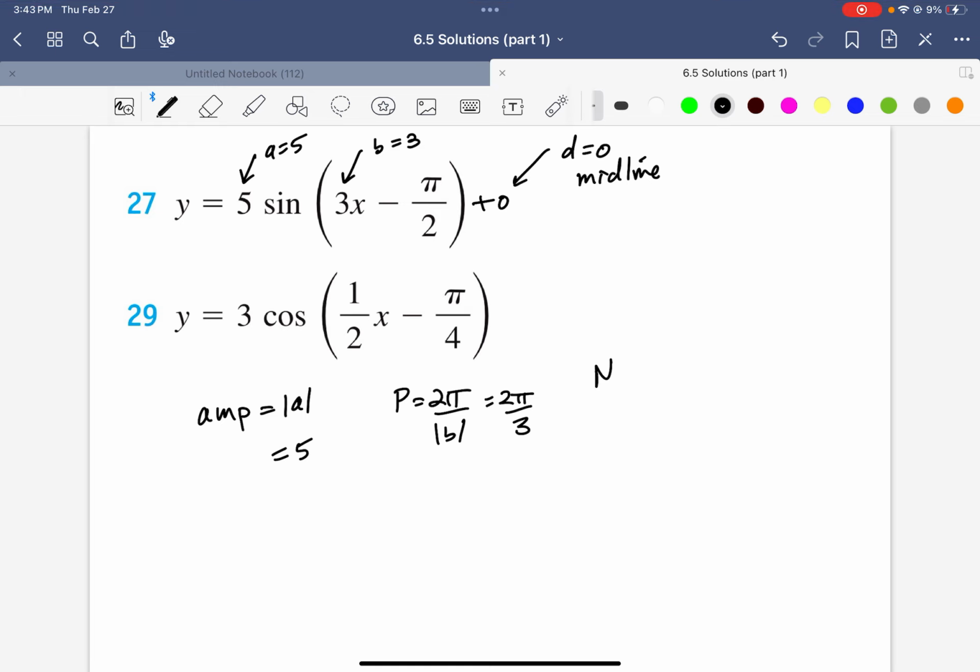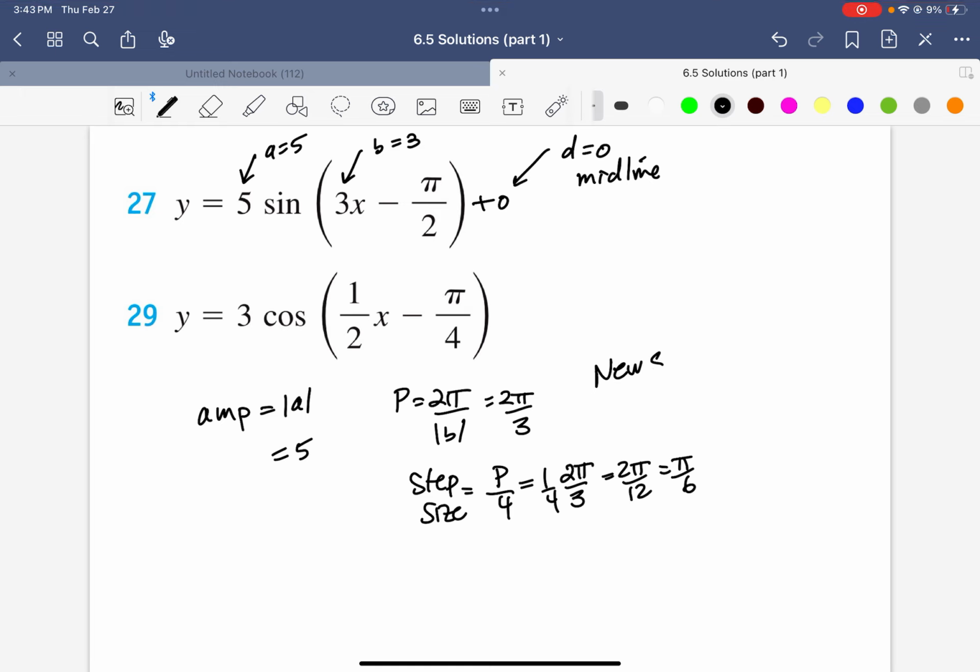Then my step size is I take my period and divide it into 4 equal steps. So that means I take my period and multiply it by 1/4. So you end up getting 2 pi over 12 or pi over 6. This should look pretty familiar.